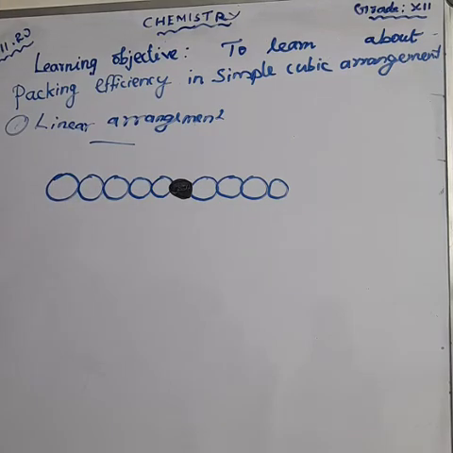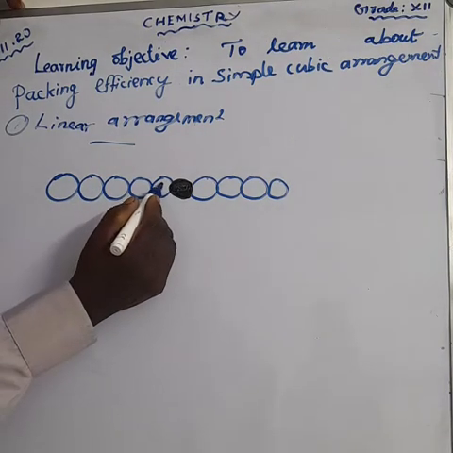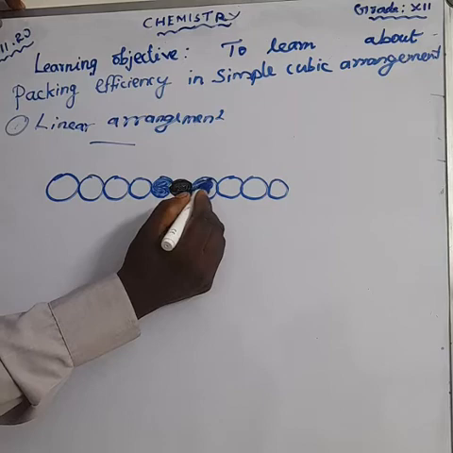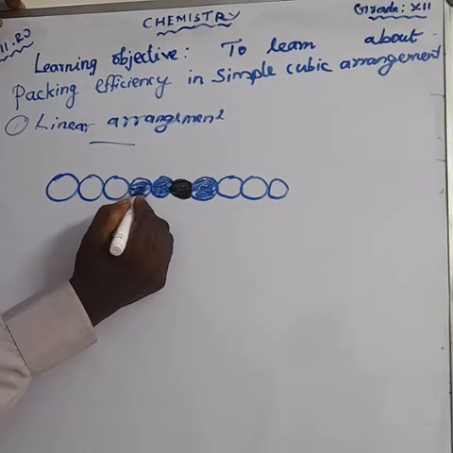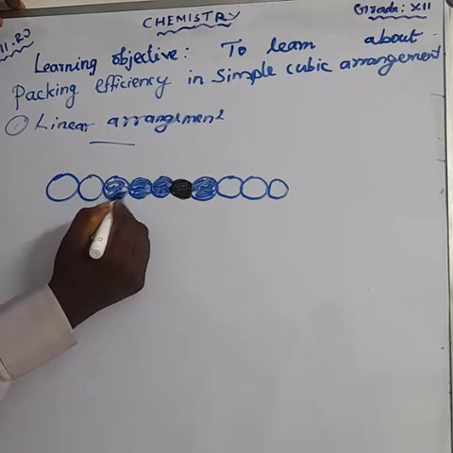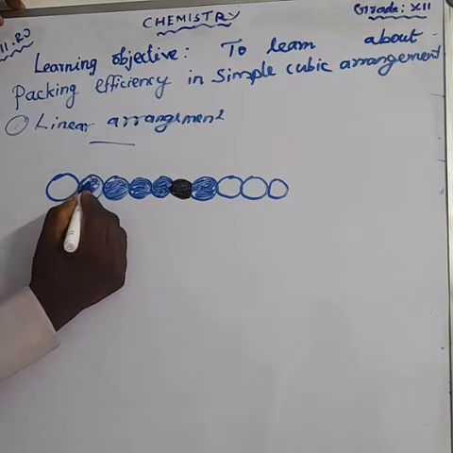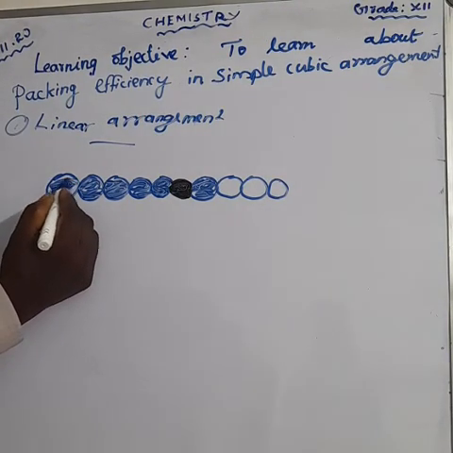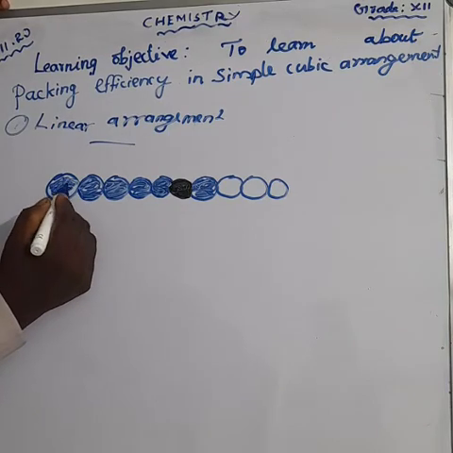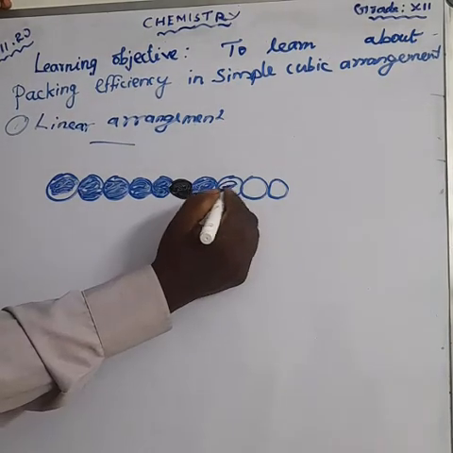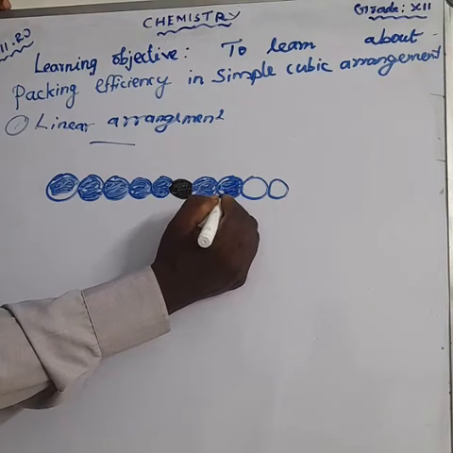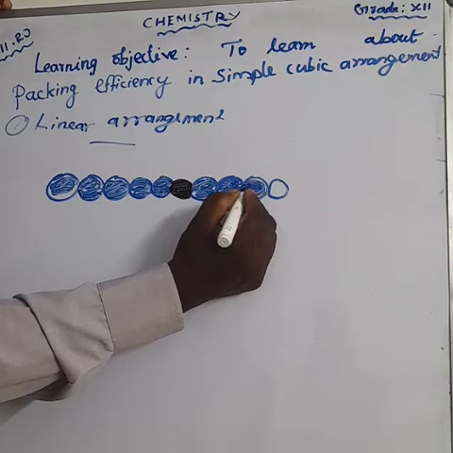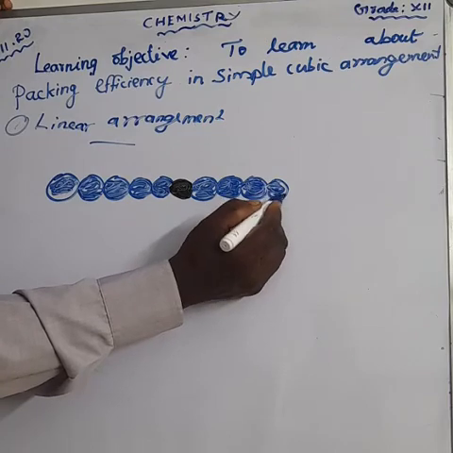In this arrangement, each sphere is in contact with two neighboring spheres on either side, okay, not a single side, on either side. This arrangement we call a linear arrangement of spheres.